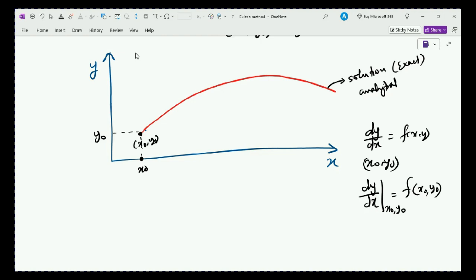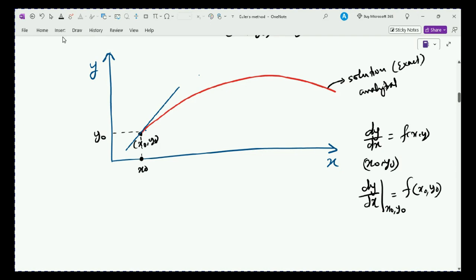With that we can draw a tangent at this point. So let me draw a tangent here. Let's see how it works. So let's assume this is the tangent, and this tangent will give us the slope here.